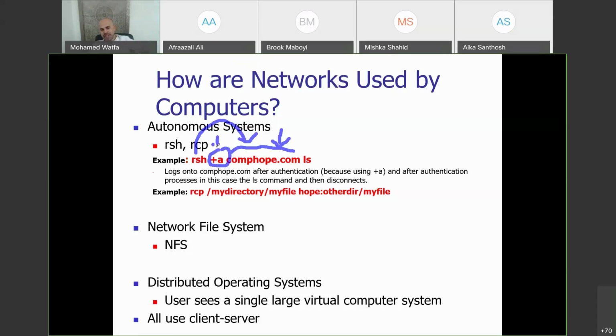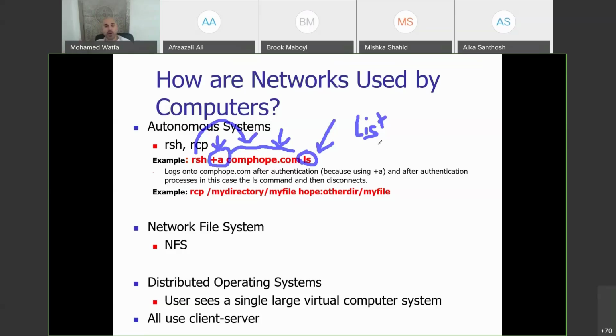So with authentication, I'm going to execute a command called ls, list. So I'm listing the files on this computer after I got authenticated. This is what it does. I like this. I could remotely log in to the computer with authentication and execute a command.